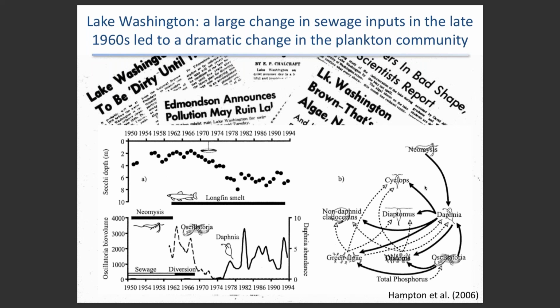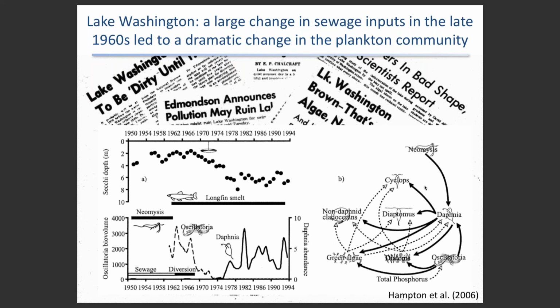Lots of algae, very stinky, and there was a big uproar about it. Finally, they divert the sewage in the early 60s, and it takes a while, almost 10 years, not quite 10 years.